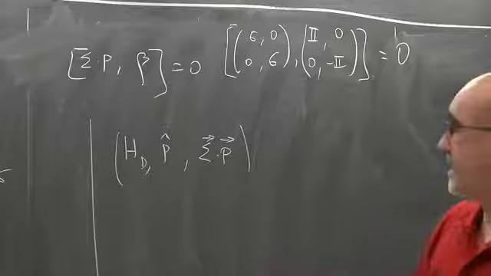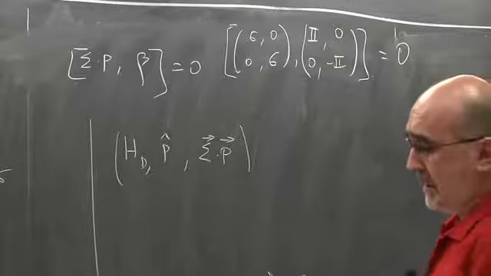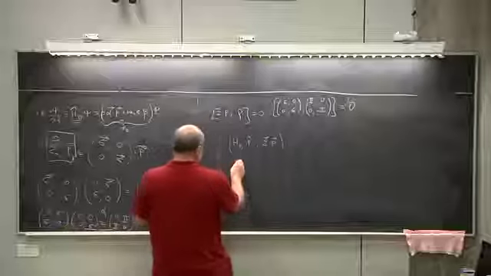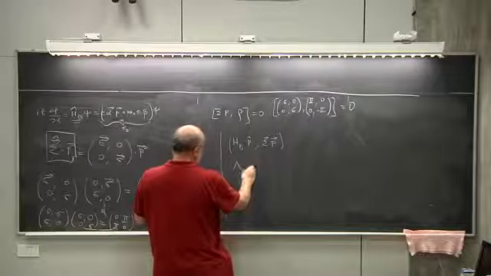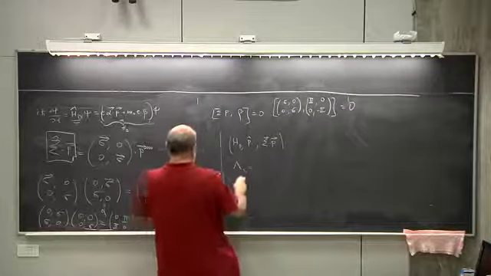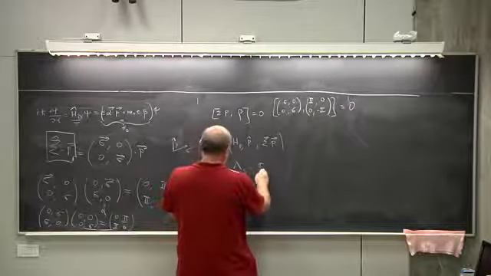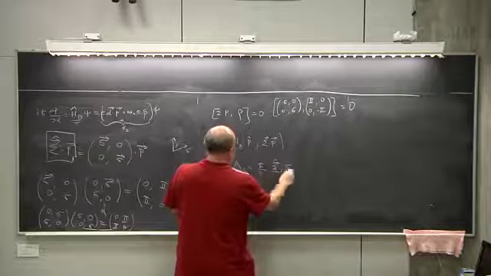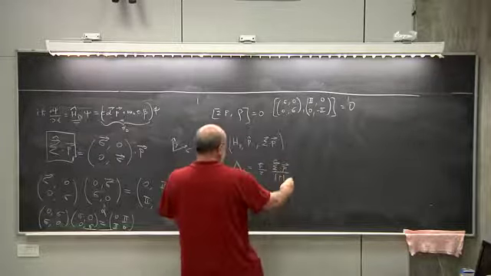Another quantity related to this sigma is the helicity operator. The helicity operator is the following one: it has h bar over 2, sigma dot p, divided by the modulus of p.